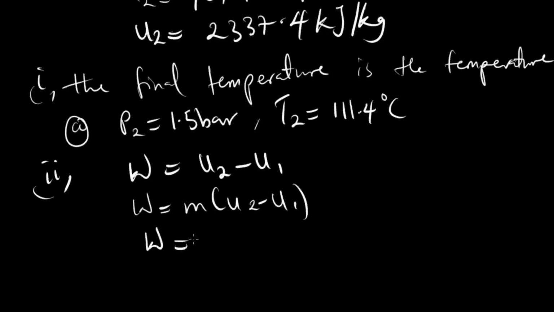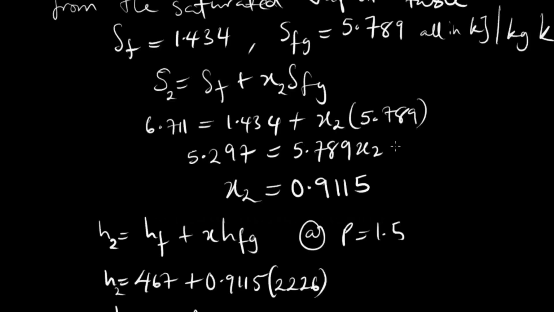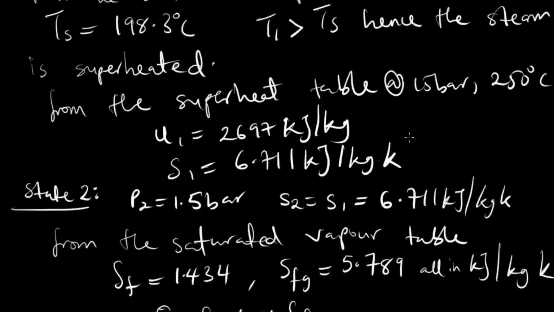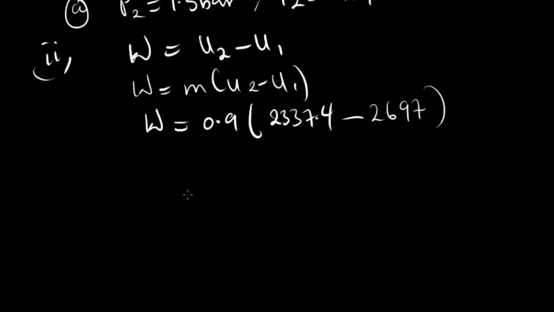So W will be equal to 0.9 times U2, and you input the value of U1, 2697.